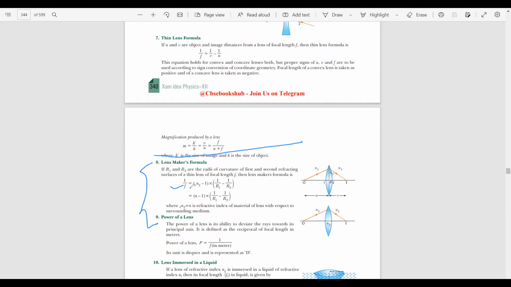Lens maker's formula: 1 by f equals (n minus 1) into (1 by R1 plus 1 by R2). n12 is the refractive index of the lens material with respect to the surrounding medium, so from 1 to 2. Remember it like this: (n minus 1) into (1 by R1 plus 1 by R2).